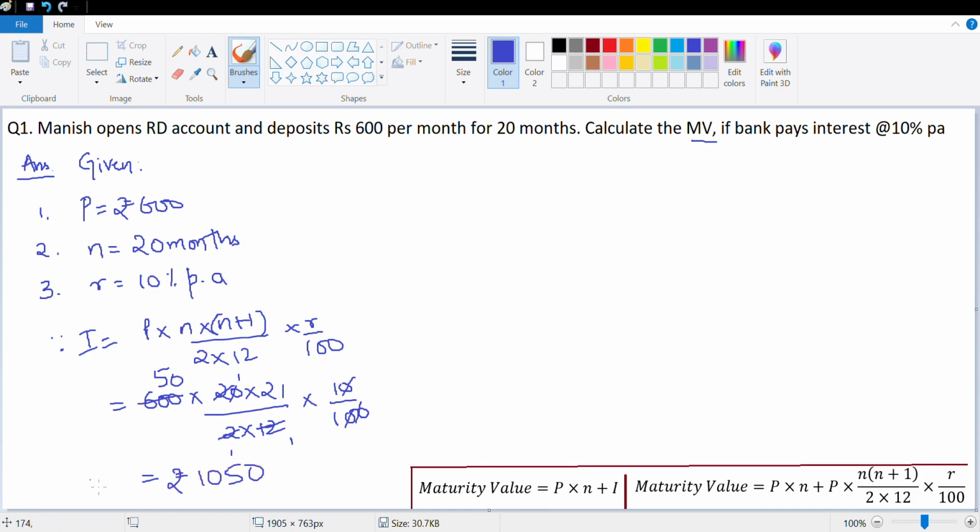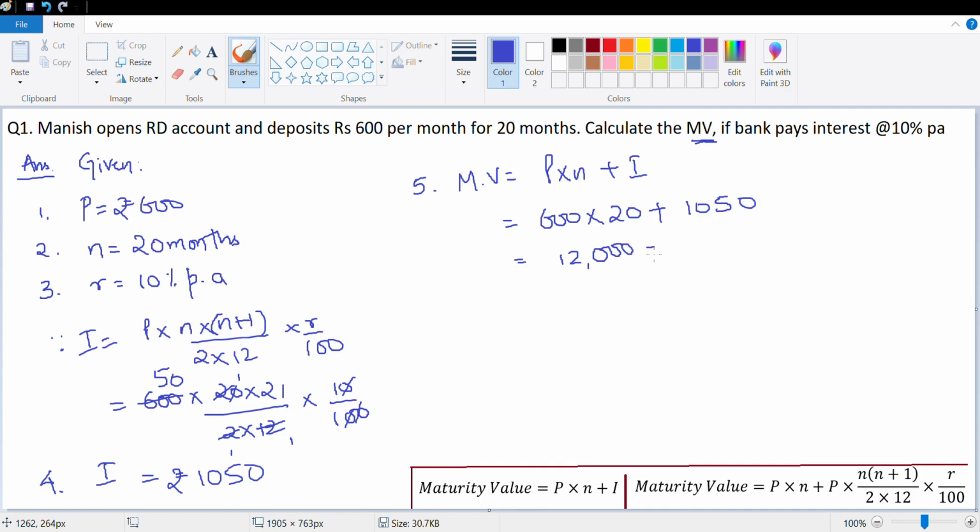So the interest that he gets is 1050. The question asks for maturity value. So I know maturity value is equal to P multiplied with N plus I. In this case, P is 600, N is 20, plus I we just calculated as 1050. That's 6 into 2, 12.